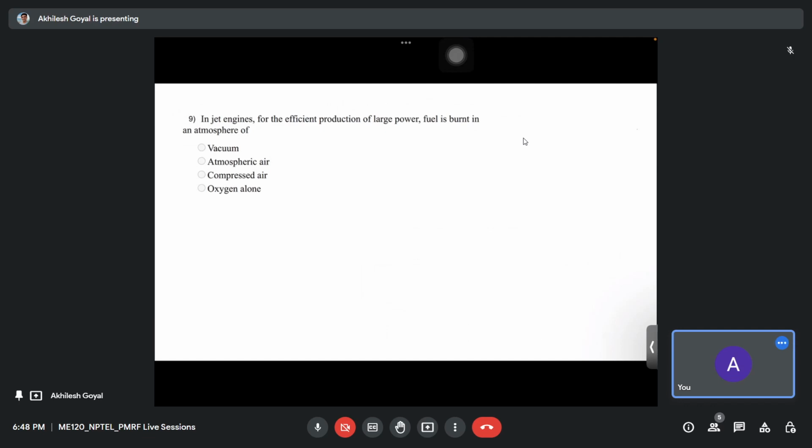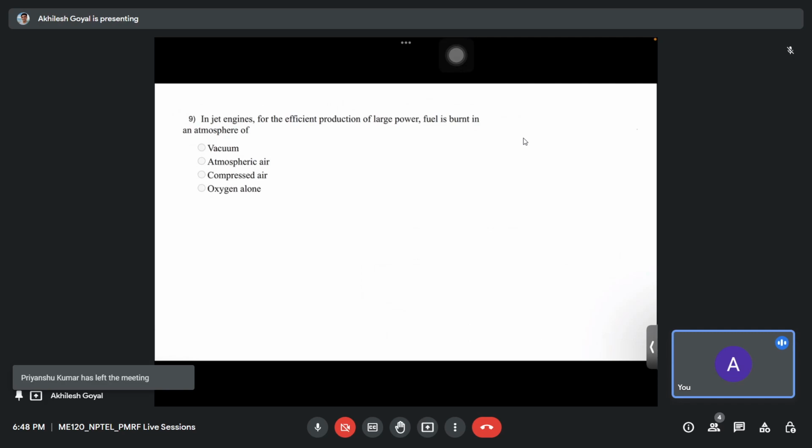What does efficient production of large power mean? Efficient production means that if the amount of fuel we are supplying is some x amount, and this whole x amount gets burned inside the chamber, then it is called efficient production.